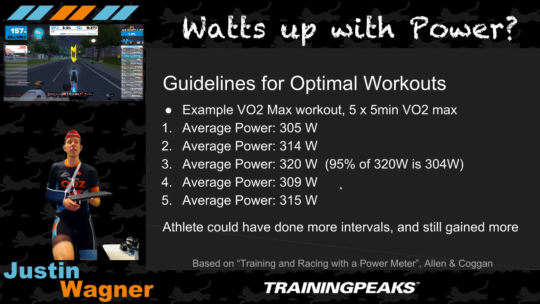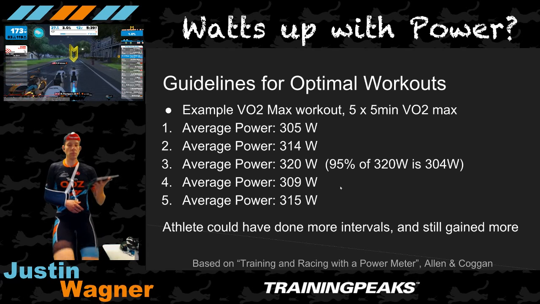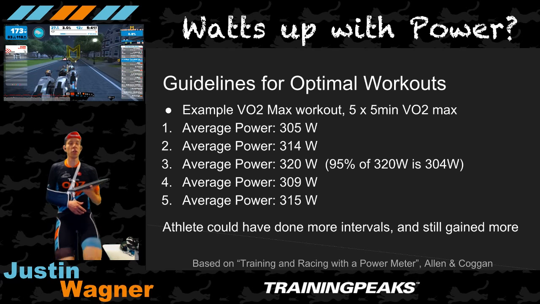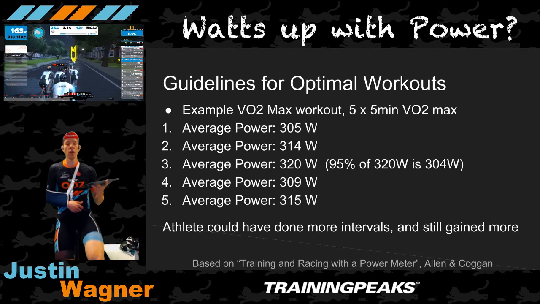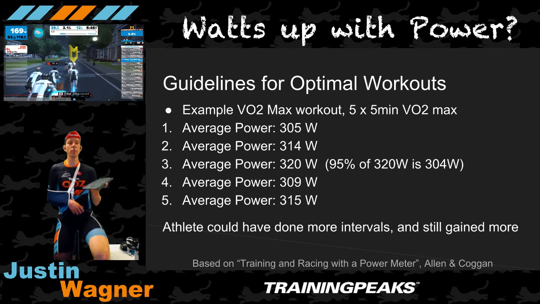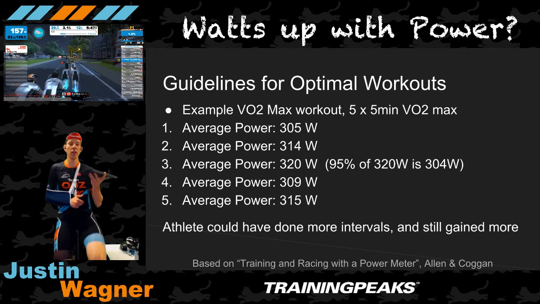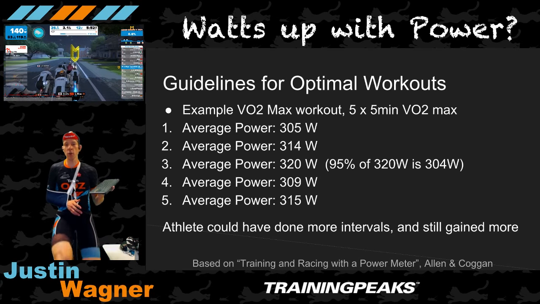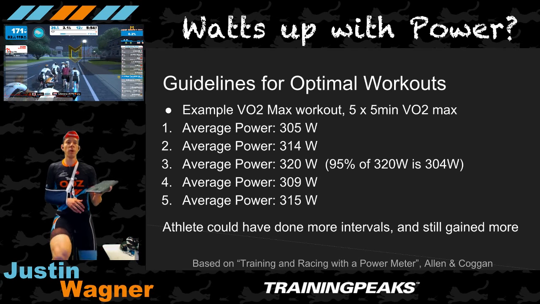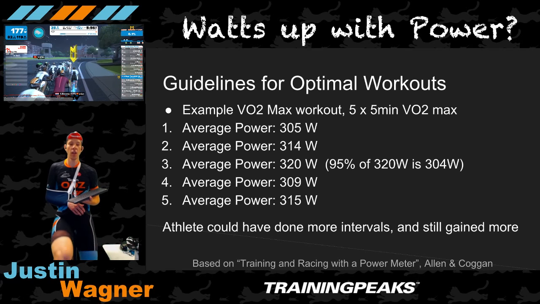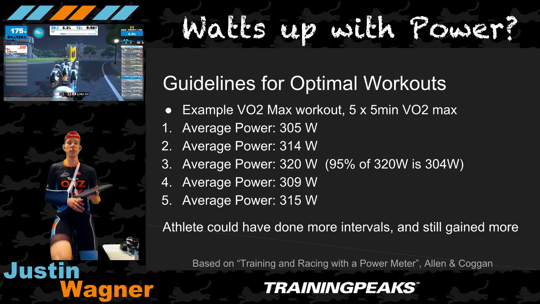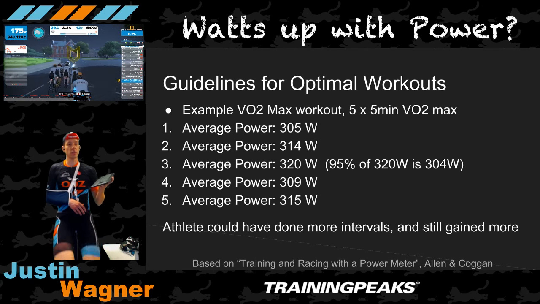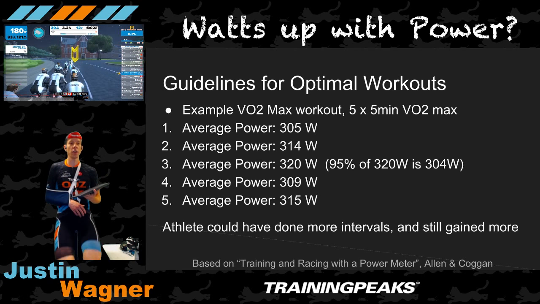So in this case, we would say had they had time or needed to do more, they could have done more and probably still benefited from it. So they didn't exactly go to exhaustion. Not every workout has to be to exhaustion, but for the purposes of understanding the formula you might follow to do an interval workout to exhaustion, there you go.